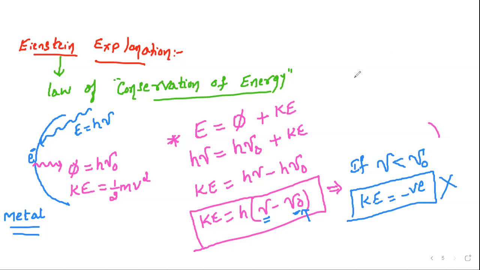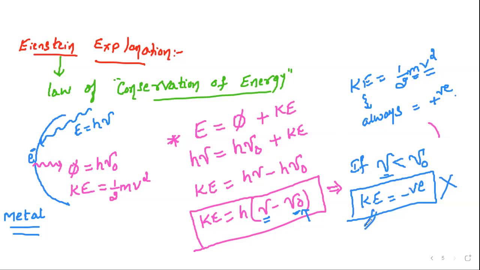Because the kinetic energy formula is given by what? Half mv square. Here m can't be negative, and v square can't be negative. v may be negative, but v square can't be negative. So kinetic energy is always positive. But if the frequency is less than the threshold frequency, we will get negative kinetic energy.